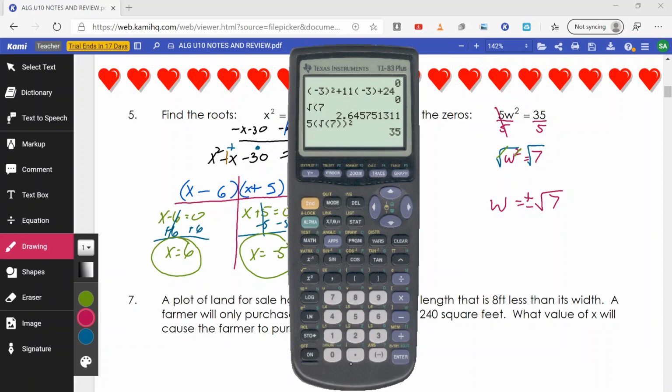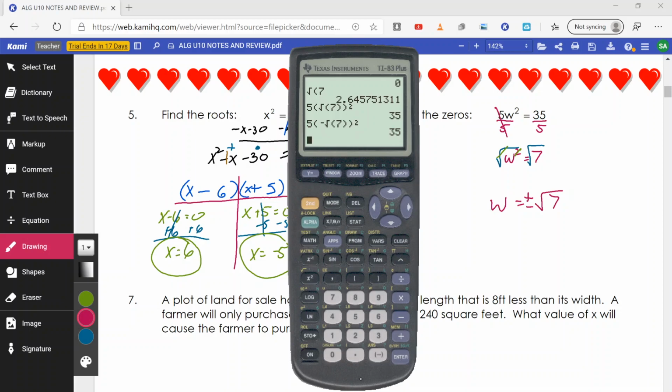So positive root 7 is good. Now, if I do the negative root, so 5 times the negative square root of 7, and I square it, I also get positive 35. So that's why we can use positive and negative whenever I take the square root of a number.